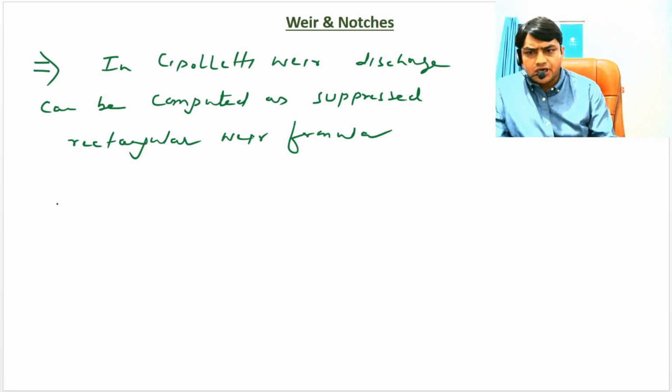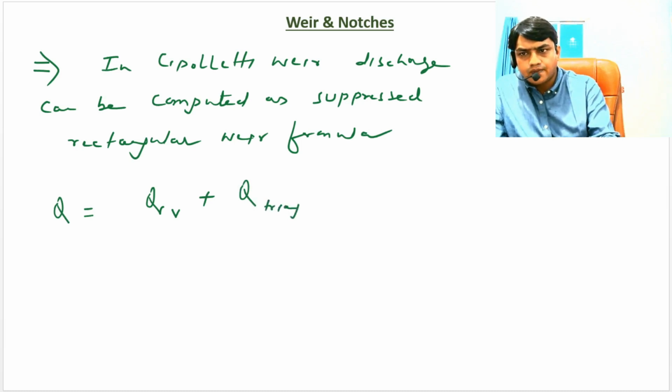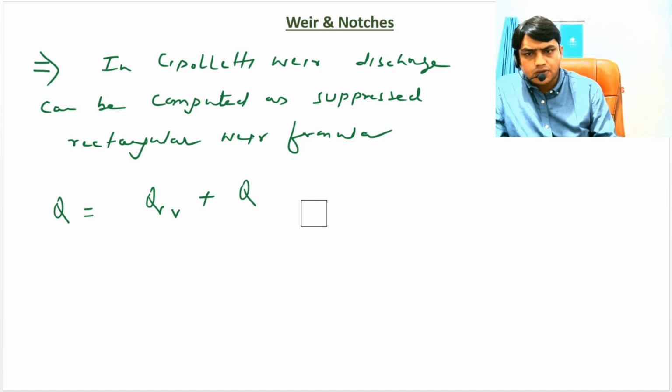So the total discharge can be computed as the discharge due to the V notch, triangular, sorry, plus the discharge due to the rectangular portion, the rectangular weir and the V or triangular weir.